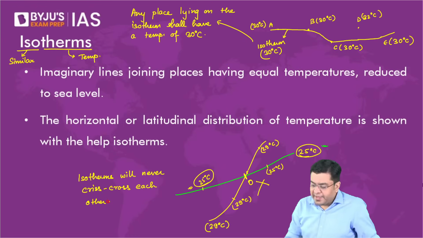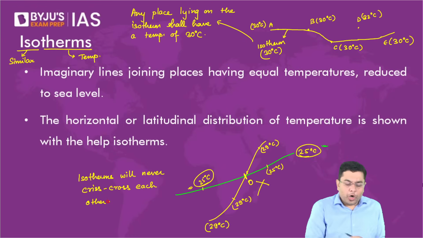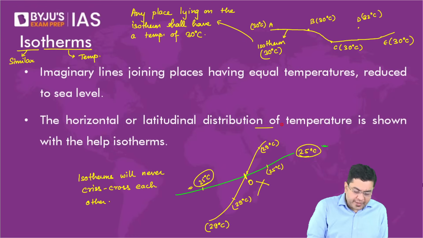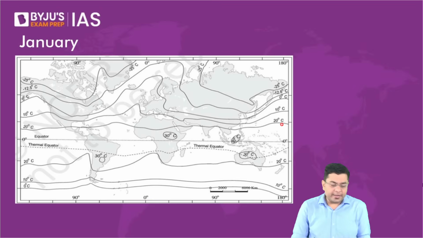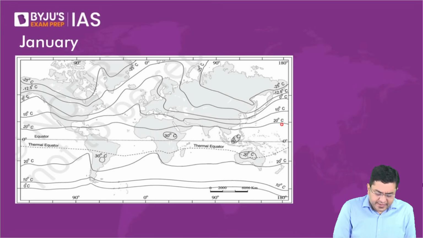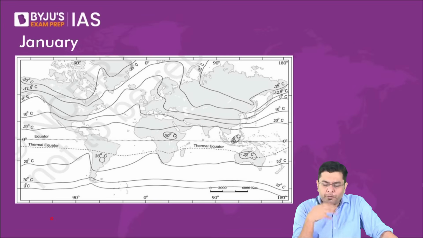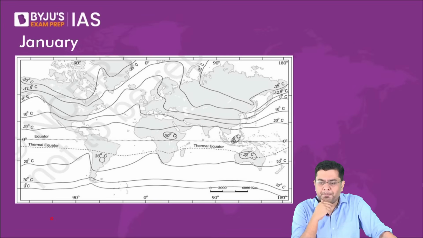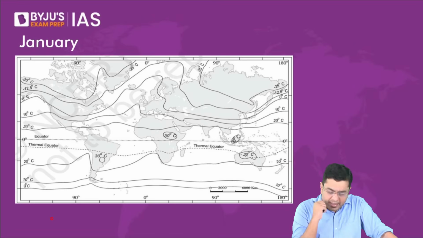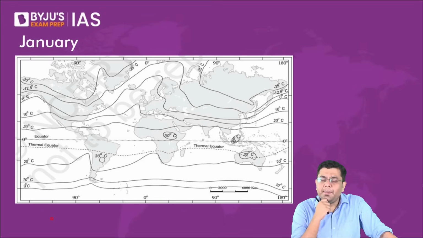Okay? Now, here the horizontal or latitudinal distribution of temperature is indicated with the help of the isotherm. Now, let us try to study this isotherm. And with this map, I also want to indicate to you that from a particular map, you can always extract a much greater amount of information than what is apparent. Let us see. So this is basically the isothermal representation of the global distribution of temperature for the month of January.